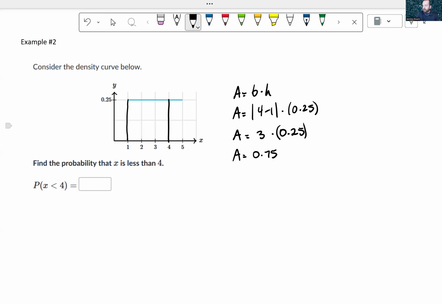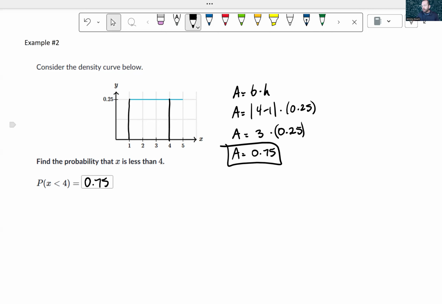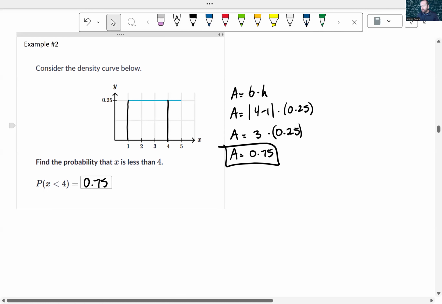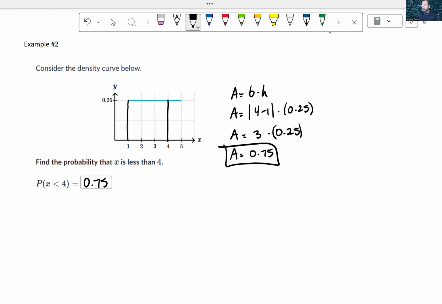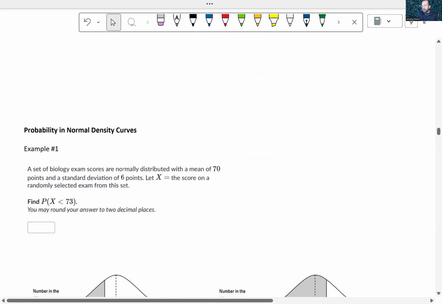And that's the probability that x is less than 4. So that's how to find probability with density curves. You occasionally might get some other shapes if you ever need to calculate area of any kind. You can always break down the area into more manageable shapes like multiple rectangles or rectangles and triangles, or sometimes trapezoids. That's kind of a side note there.